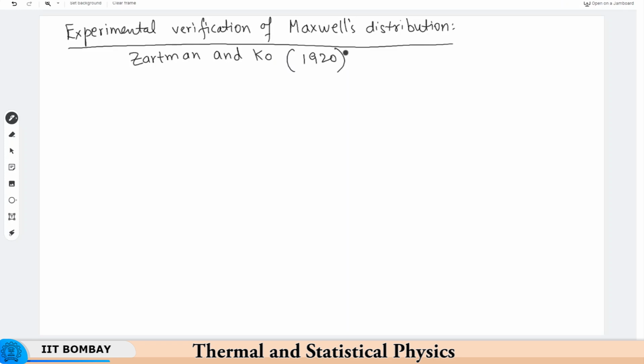So, this goes as follows. They took a container. I am giving you a very simple picture of it, and they used bismuth material, and the property of bismuth is that it does not melt. It directly sublimates into gaseous form. So, you have solid bismuth and it just sublimates.